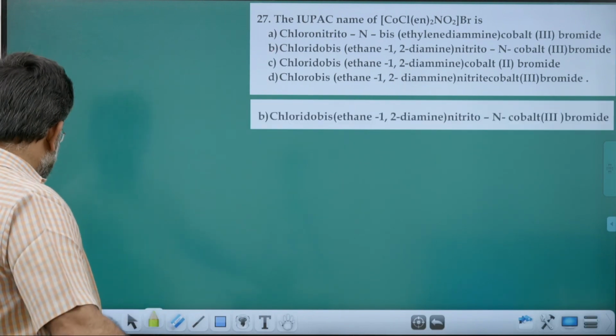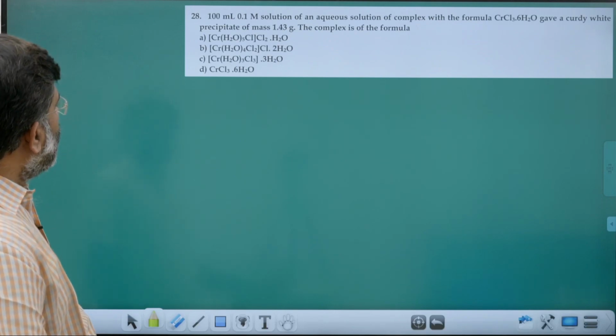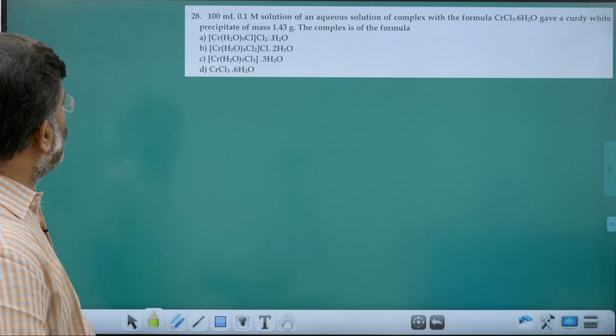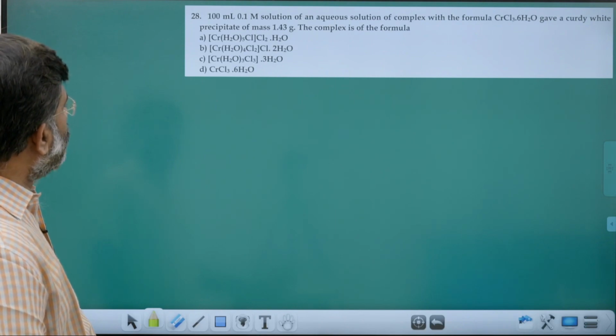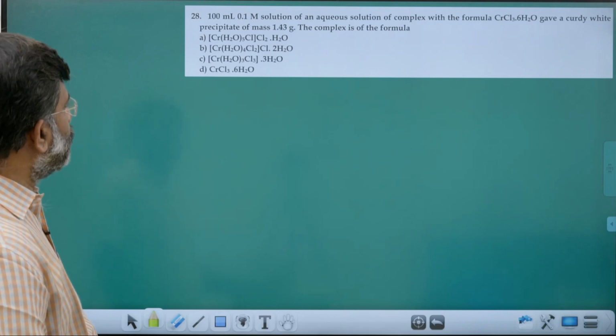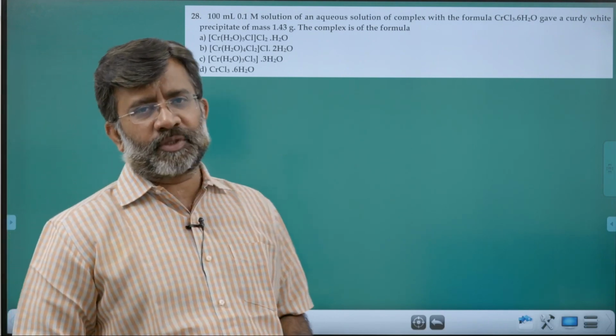Option B. Next one. A 100 ml 0.1 molar solution of a complex with the formula given yields a curdy white precipitate of mass 1.43 gram. The complex having the formula is? See, what is that curdy precipitate obtained?